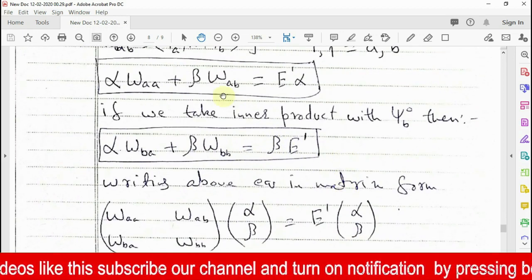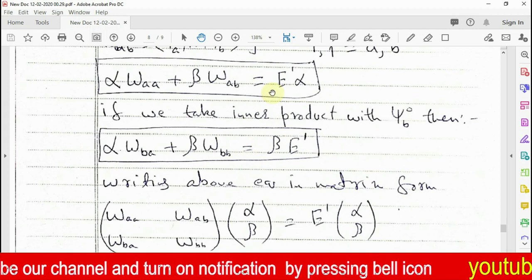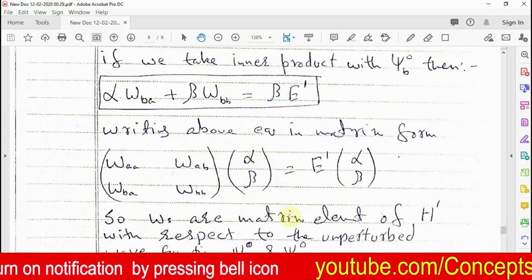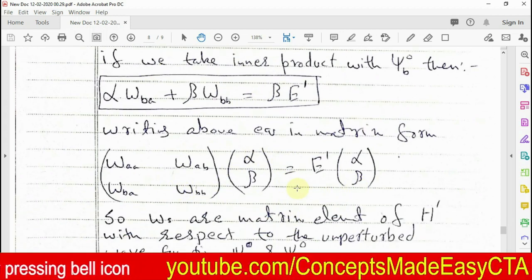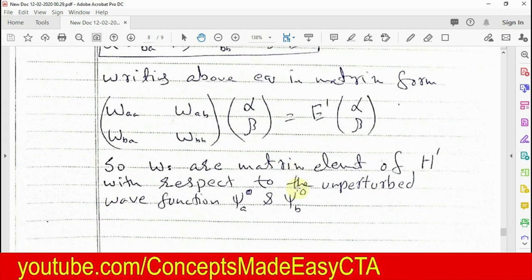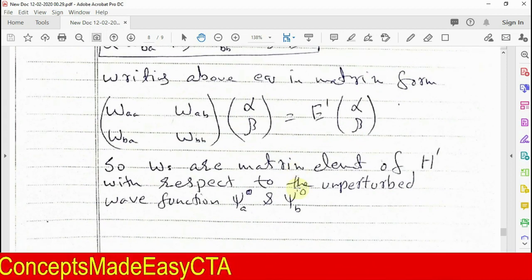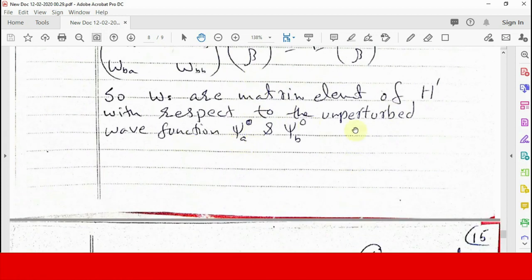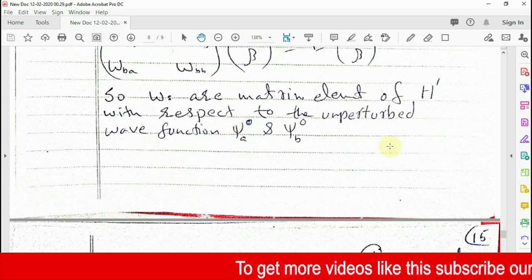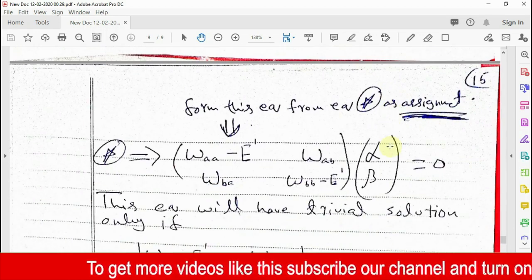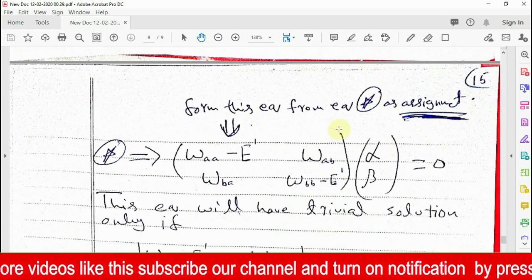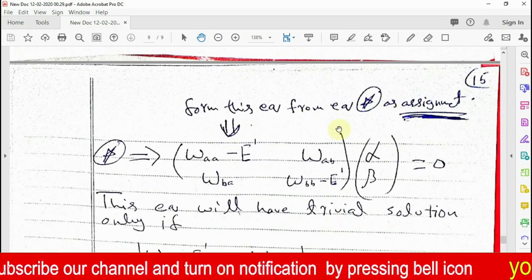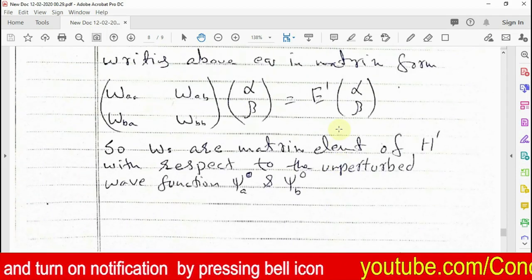Okay, so these are two equations, and we have written these two equations in matrix form. The W's are the matrix elements. So these WAA, WAB are the matrix elements. We have just written this thing over here with respect to the perturbation.